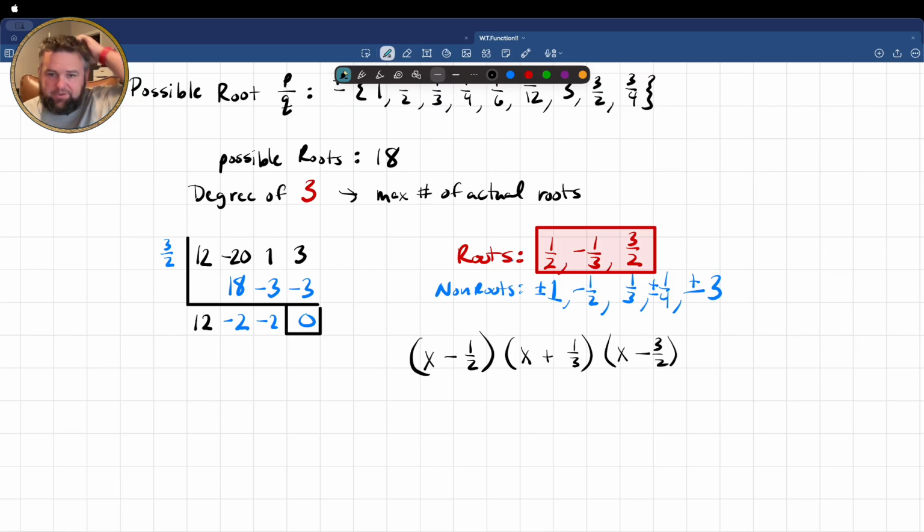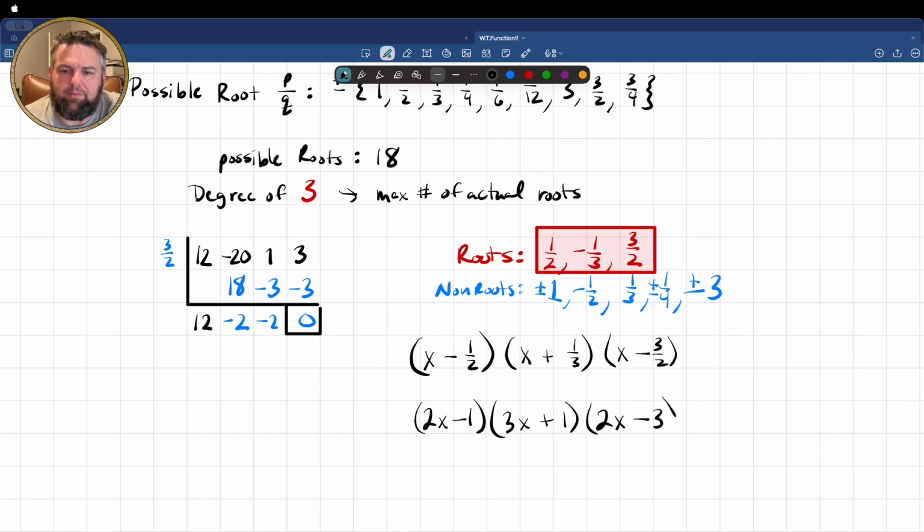Now, our factors need to have integers only, no fractions. So for this first one, I'm going to multiply it by 2, so it becomes 2x minus 1. The second one, multiply it by 3, so it becomes 3x plus 1. And the last one will be multiplied by 2, so it becomes 2x minus 3. So this would be the factored form of the polynomial from above.